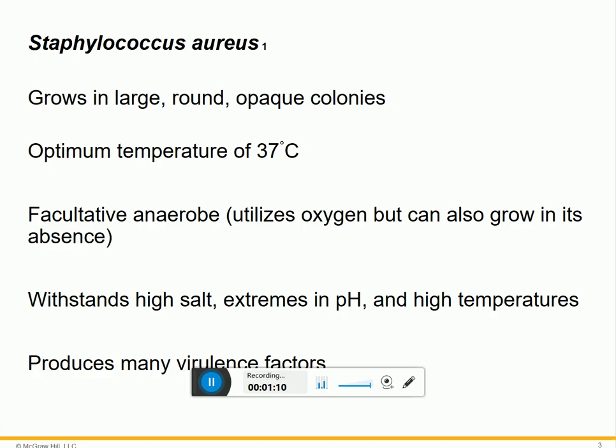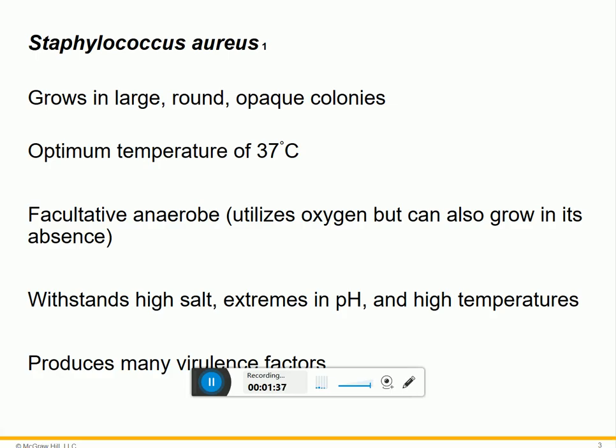We'll start off with the most common one, Staphylococcus aureus. The optimum temperature for Staphylococcus aureus is about 37 degrees, very close to body temperature, and that's why it lives well on different parts of the body, mostly the skin and the anterior part of the nasal cavity.